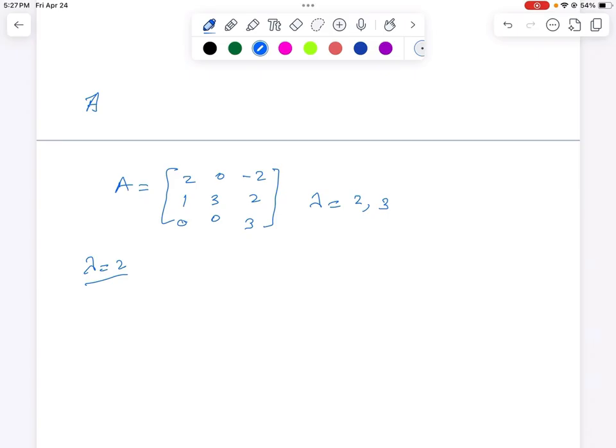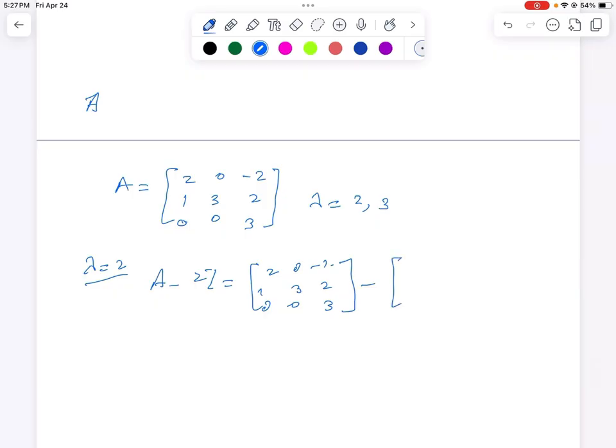Remember, this will give us A minus 2I. A is the matrix you see here, 2, 0, negative 2, 1, 3, 2, 0, 0, 3, minus 2 times the identity matrix.